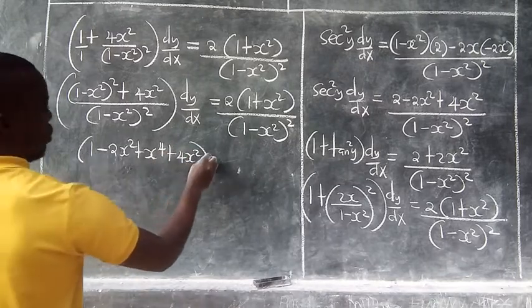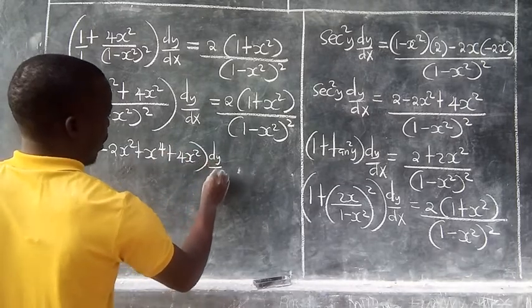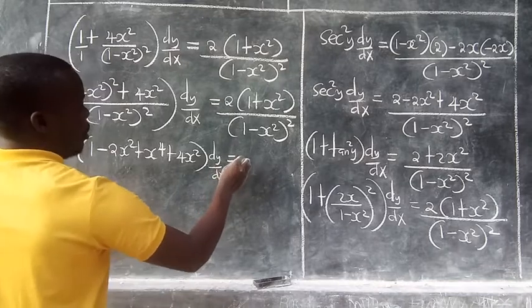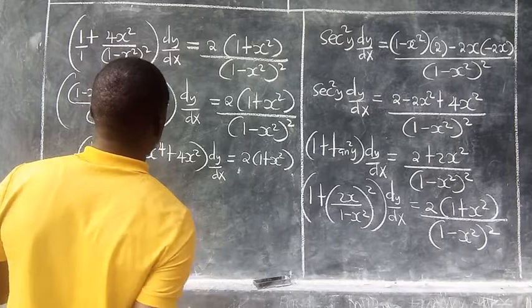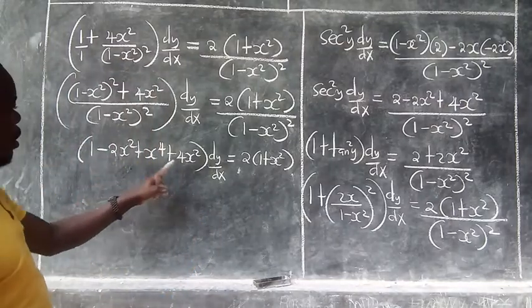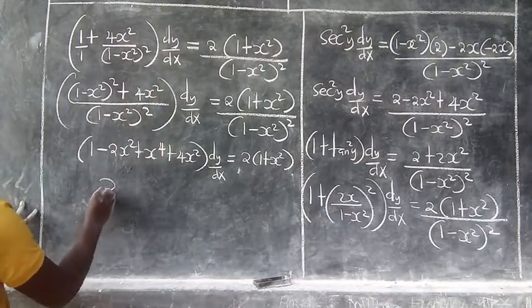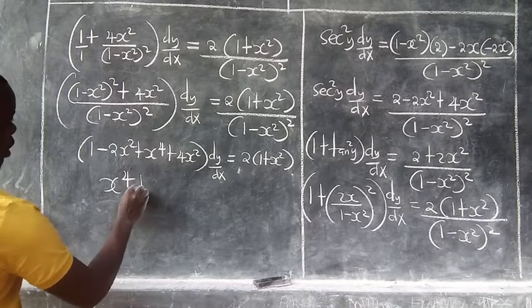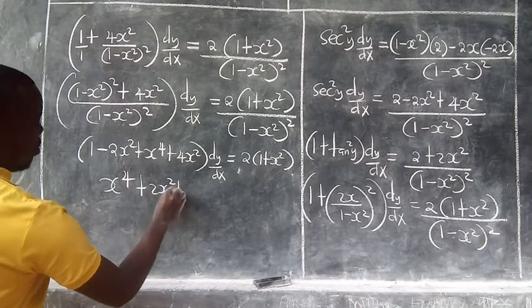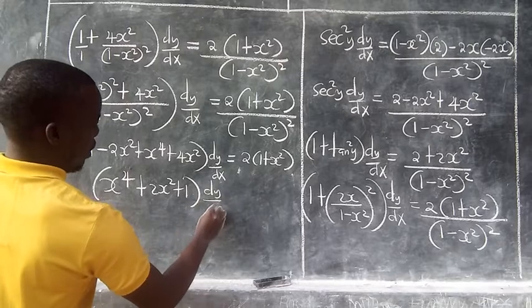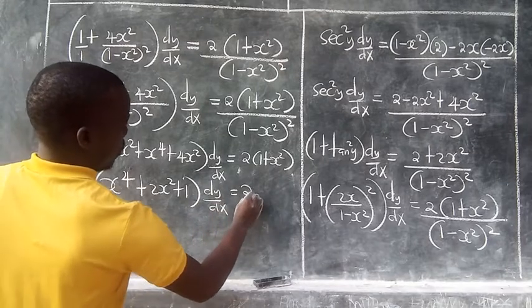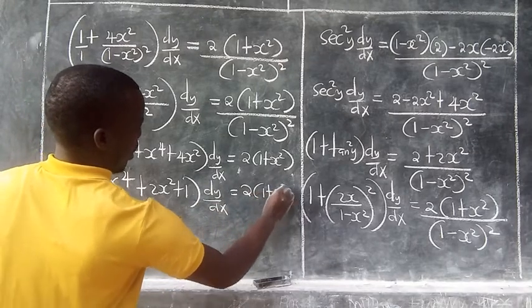All this into dy dx is equals to 2 into 1 plus x squared. Now when you get back here, this and this can be combined so that we have x power 4 plus 2x squared plus 1, all this into dy dx, giving us 2 into 1 plus x squared.